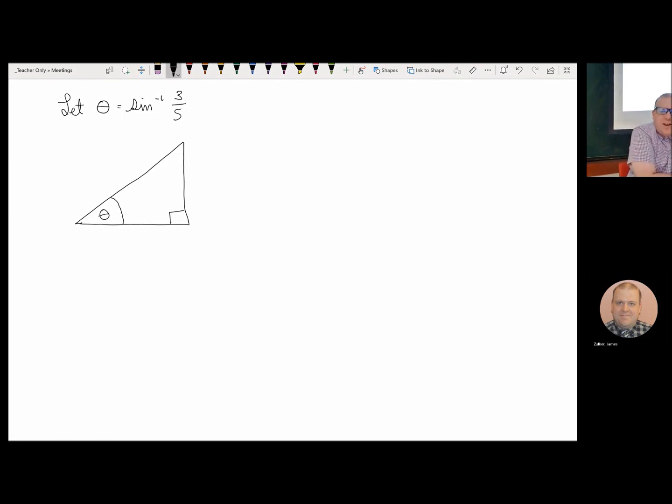Now, in right triangle trigonometry, how is sine defined? What's the missing length? Which is what?